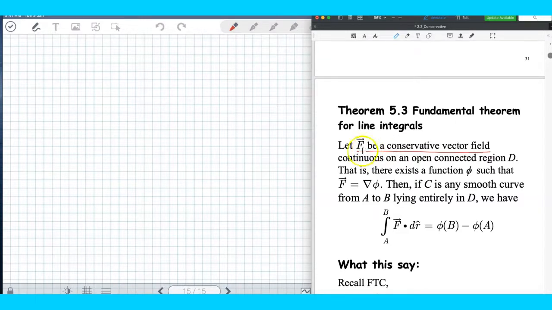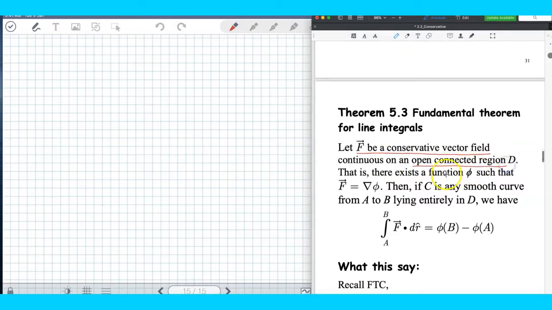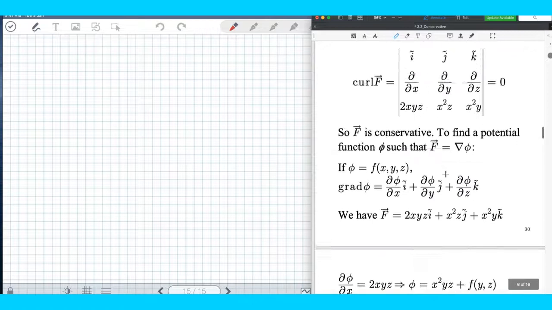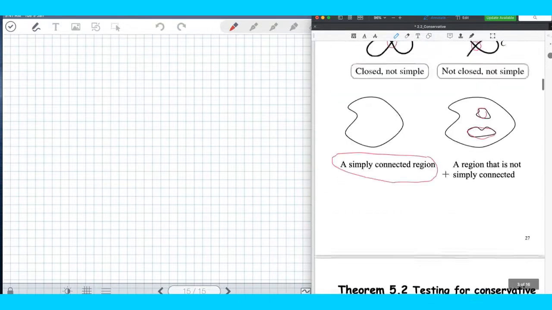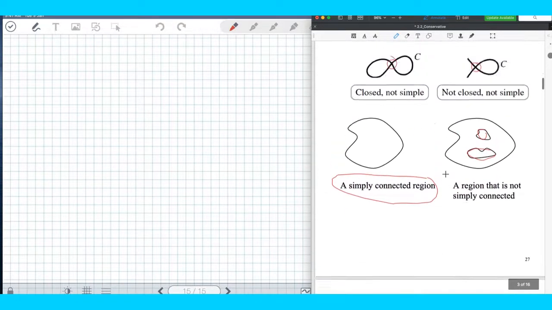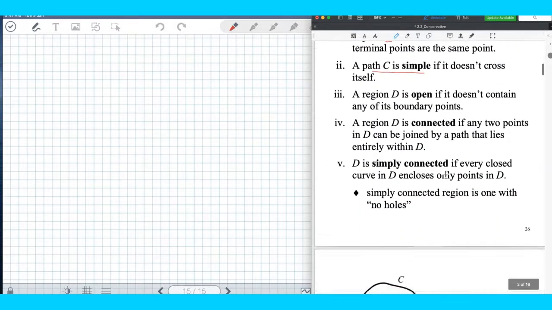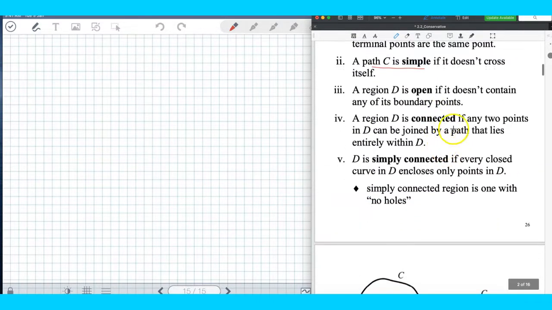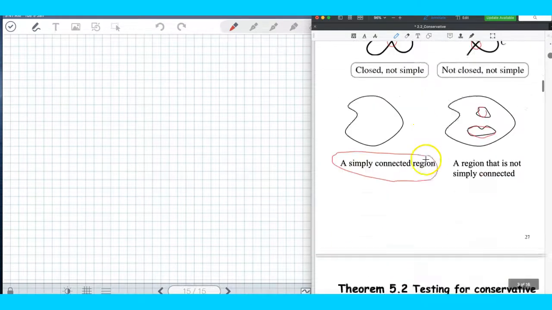And this vector field must be continuous on an open connected region. So what does that mean? You have to look back at the condition here: open and connected region.